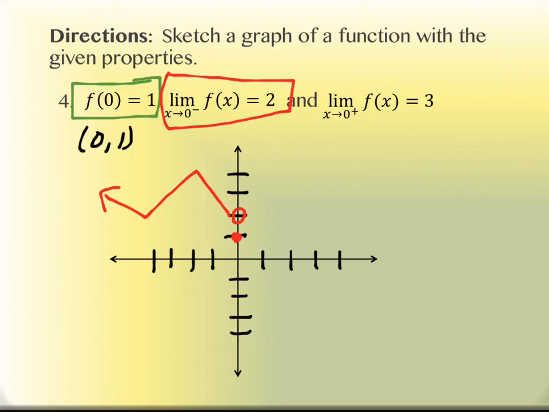What are we going to do on the right-hand side? We're going to get close to a y value of 3. So we've got the open circle at 3. What do I have to draw on the right-hand side of the graph? Anything I want. That's right. I do need to draw something, though. So I'll draw that.